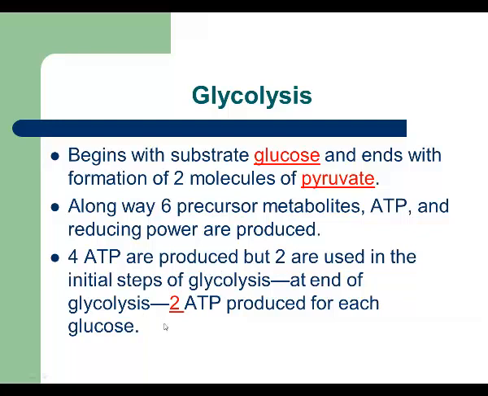So at the end of glycolysis there will be 2 ATPs left. But what would be the substrate of glycolysis? The substrate of glycolysis is the 6-carbon sugar glucose. What would be the end product of glycolysis? The end product of glycolysis is 2 molecules of pyruvate.